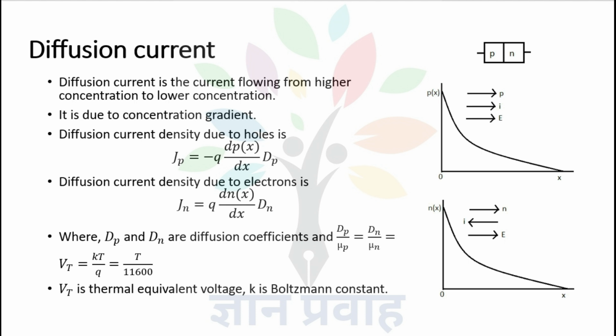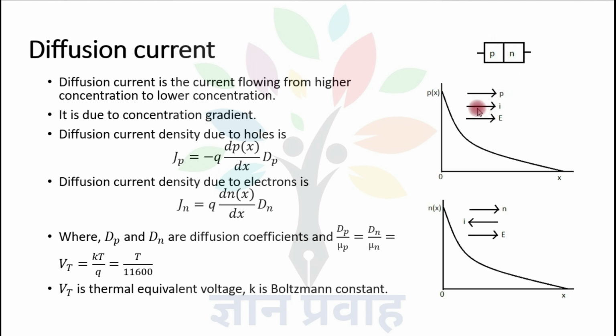Depending on the material, there are two types of diffusion currents, for p-type and n-type materials. The PN junction diode is given here. In case of p-type material, the concentration gradient is given like this. The concentration of charge carriers is large at this edge and small at the junction.